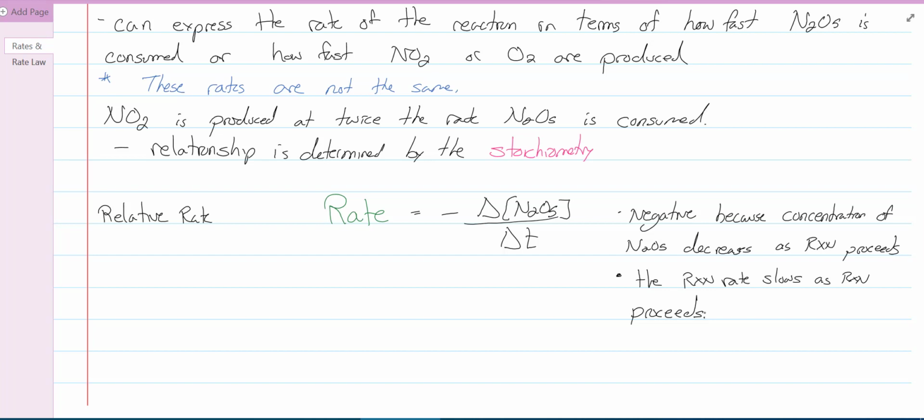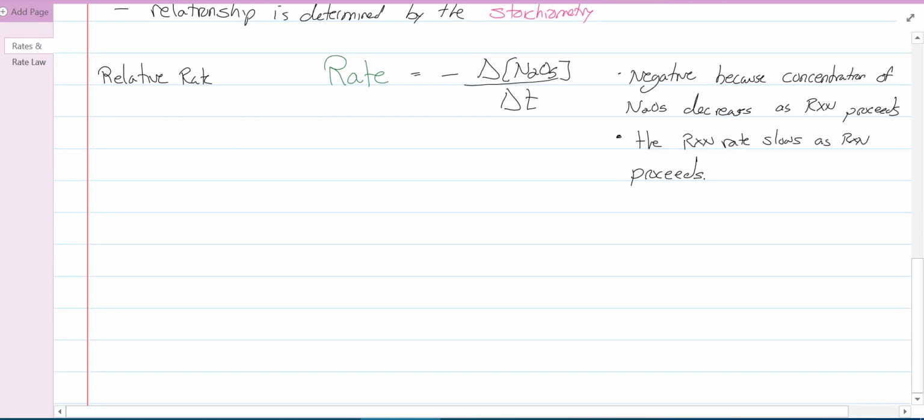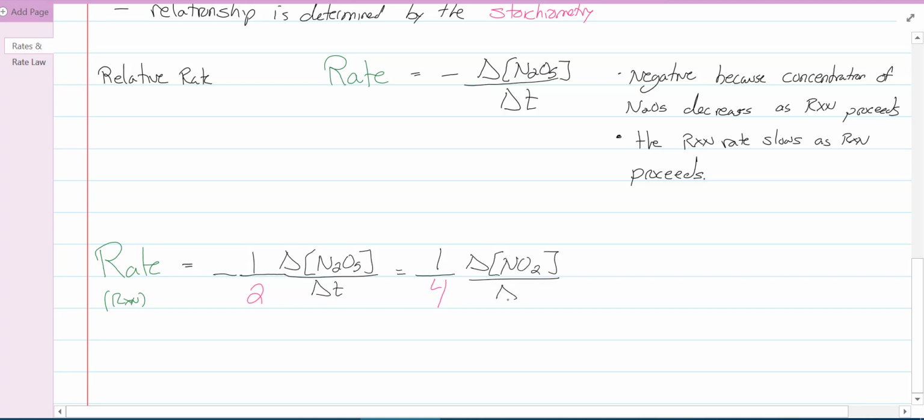All right. So the relative rates. We talk about the relative rates of the reaction. You're going to have a rate of the reaction. When we talk about relative rates, you've got a rate, and this is for the reaction. It will equal, in this case, negative 1/2, that's the coefficient, the change in concentration of N2O5 over delta T. And it would equal positive 1/4 the change in concentration of NO2 over change in time.